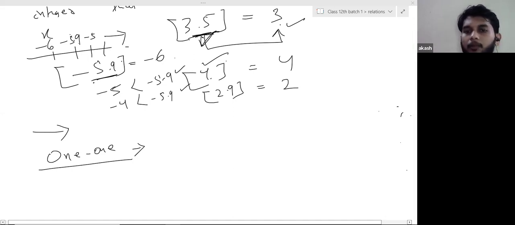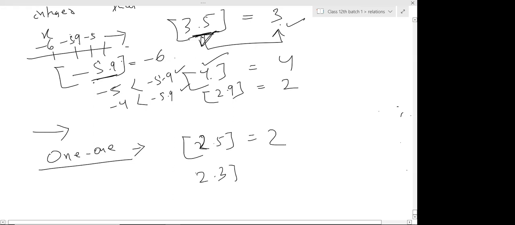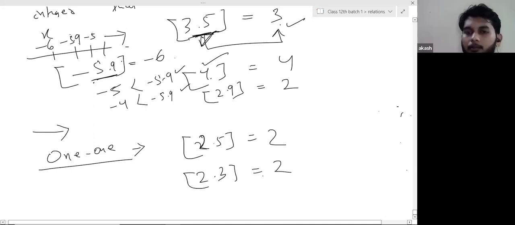So how to prove one-one? We can see that for 2.5, the greatest integer function gives us 2. For 2.3, this gives us 2. So for x equal to 2.5 and 2.3, we get the same images.